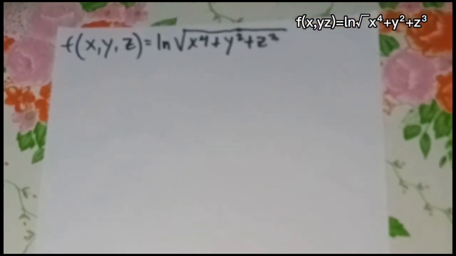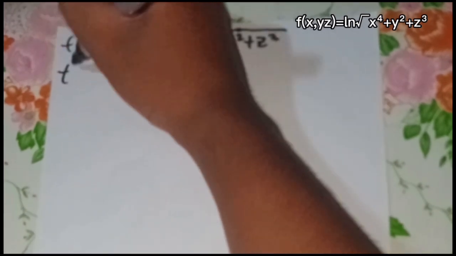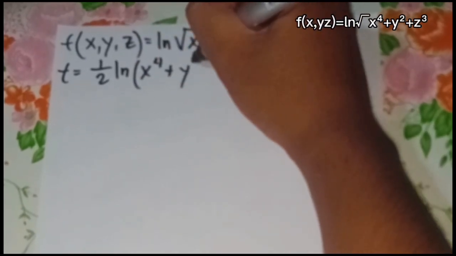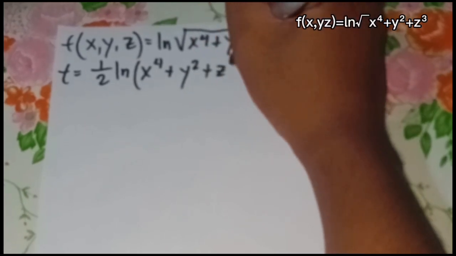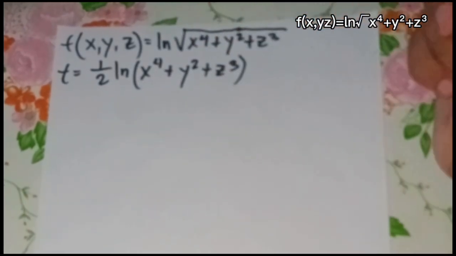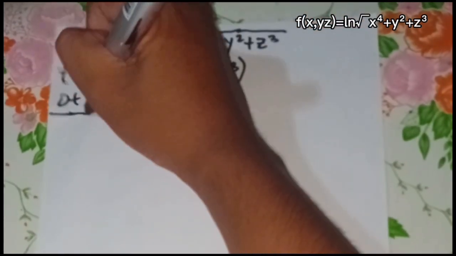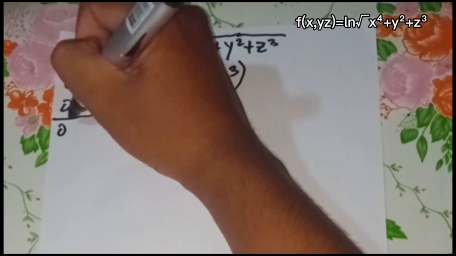We can write it as f equals 1/2 ln of x raised to 4 plus y squared plus z cubed. We're about to solve the partial derivative of f with respect to z.